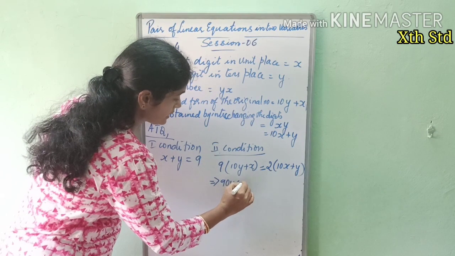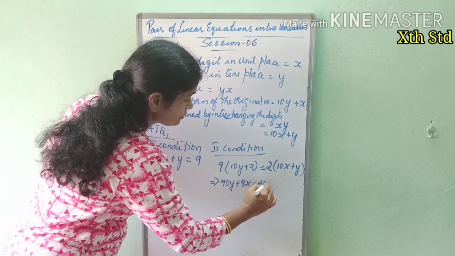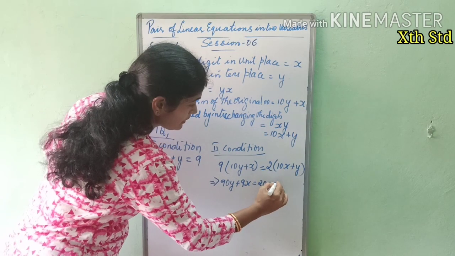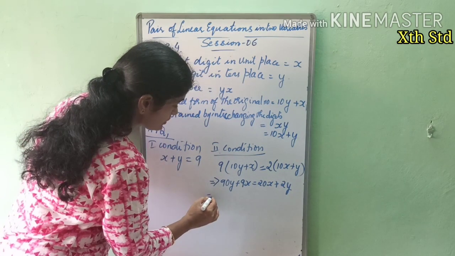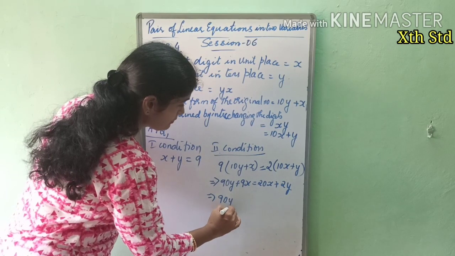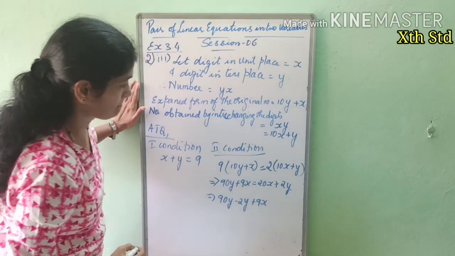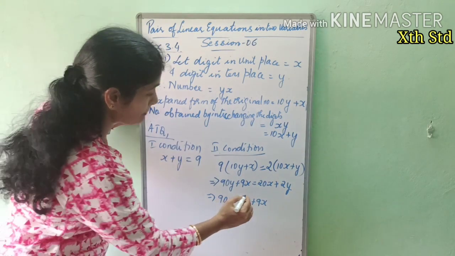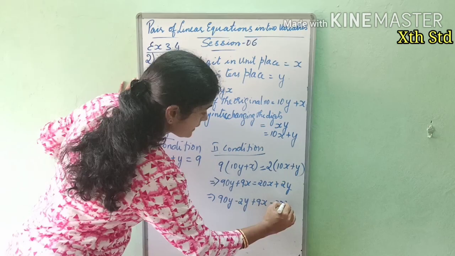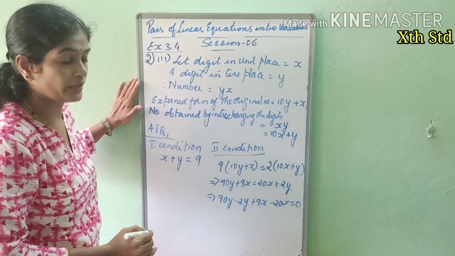90y plus 9x is equal to 20x plus 2y. So 90y minus 2y plus 9x minus 20x is equal to 0. Fine.